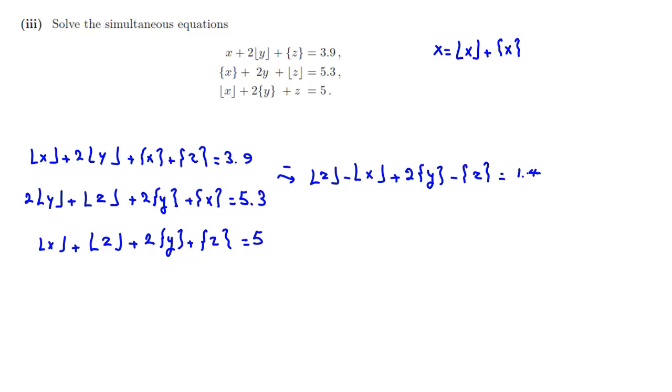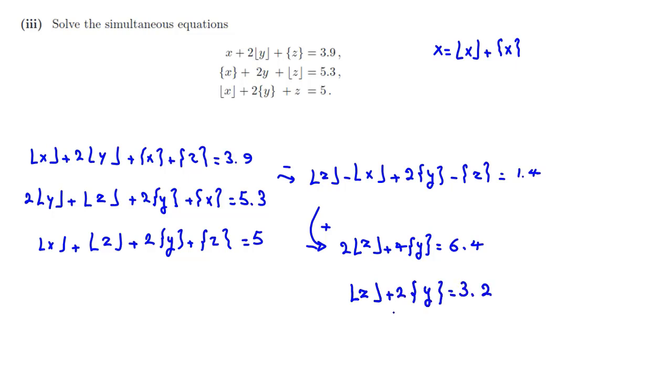Now, if we consider this one and the third equation, if we add, minus x will be cancelled. It will be 2 times integer part of z plus 4 times fractional part of y equal to 6.4. And then integer part of z plus 2 times fractional part of y equal to 3.2.